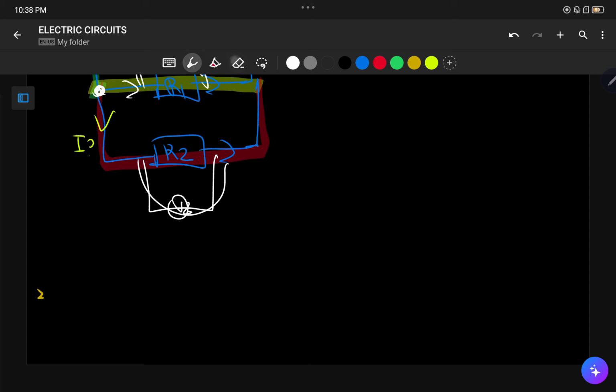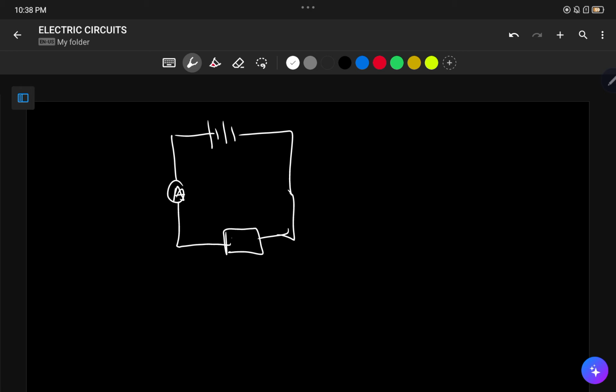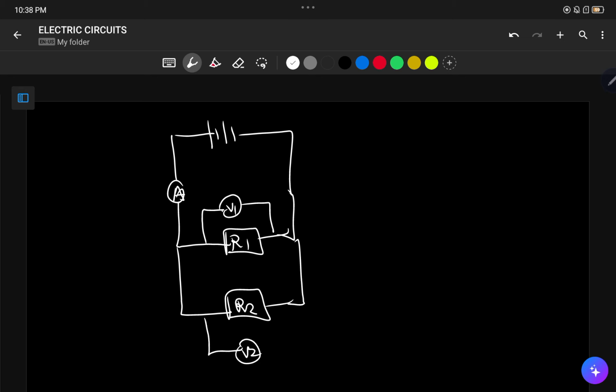Guys, I don't know if you understand this, but let me make an illustration. So let's say, for example, you're given this illustration, and they say that this is R1 and the voltmeter V1, and then this is R2 and the voltmeter V2.